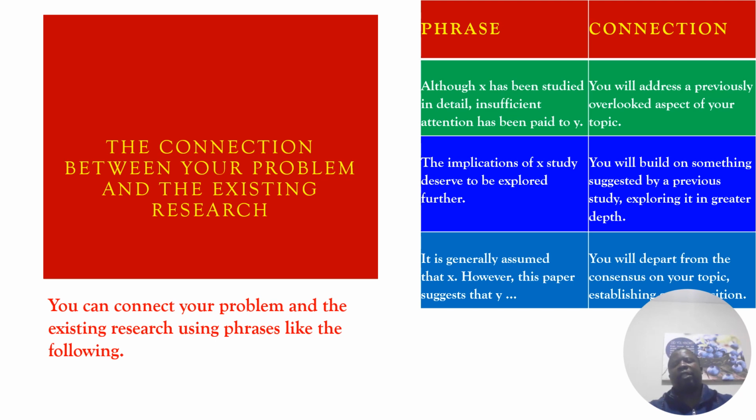However, this paper suggests that Y, which is a problem. And in this way, you are actually establishing your own route. You are telling us you are going away from what is known, and you are moving from what's known to unknown. So that's some of the ways that you can phrase your research problem.